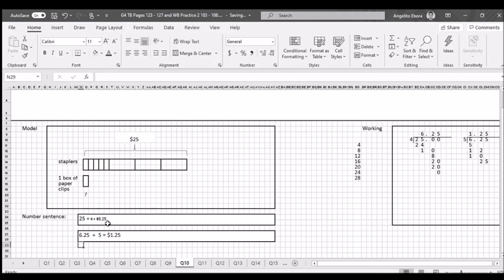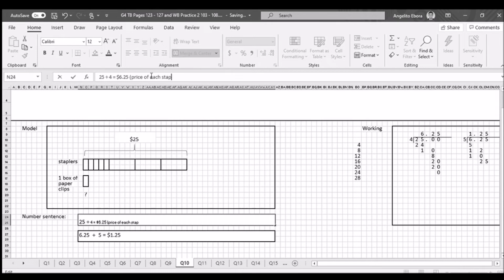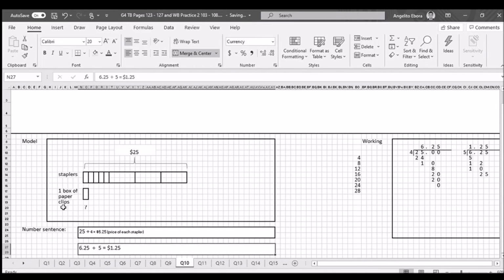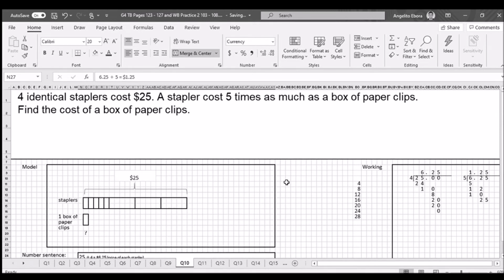So each stapler is $6.25, the price of each stapler. Then it says here 1, 2, 3, 4, 5. So divided by 5, so 1.25. So that's the price of one box of paper clips.